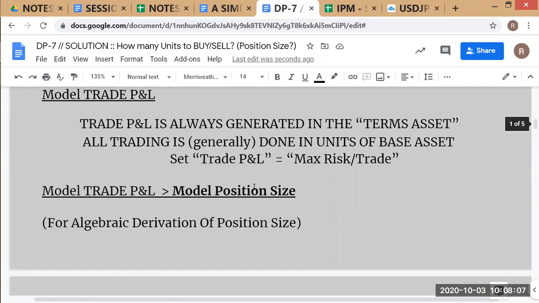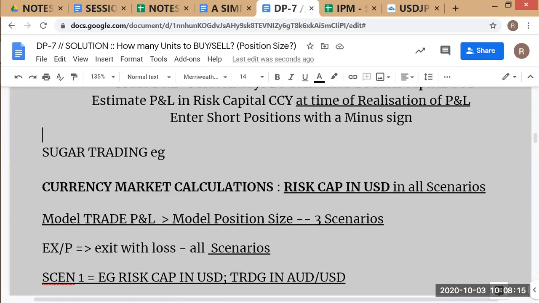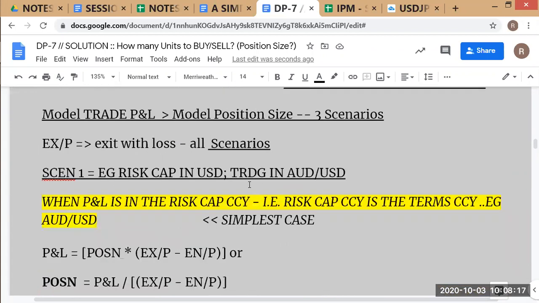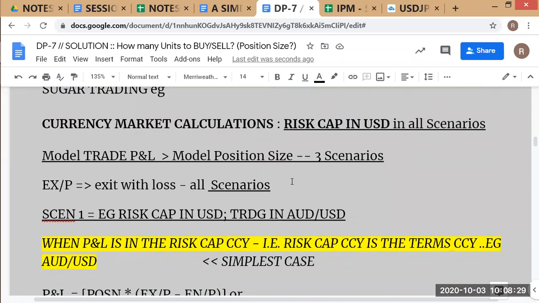You have to set the trade P&L equal to the maximum risk per trade, and that's how you figure it out. So here, P&L is equal to maximum risk per trade.